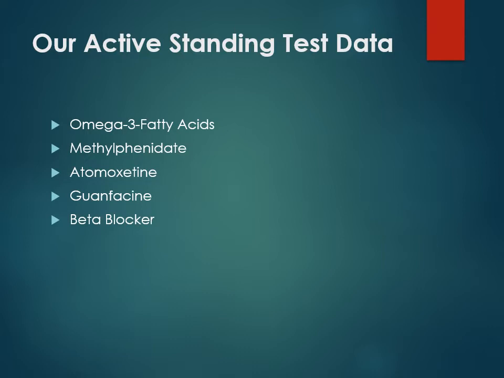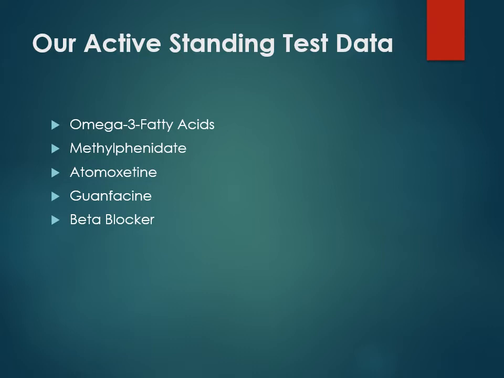We will now present our data of the active standing test. For practical reasons, we have modified this test with a 5-minute period lying and a further 5-minute period while standing. We control the treatment success of omega-3 fatty acids, methylphenidate, atomoxetine, guanfacine, and beta blockers.